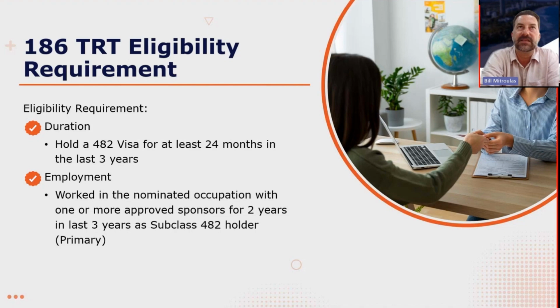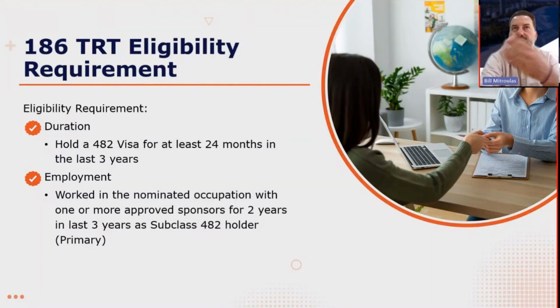So typically speaking, for short-term visa holders, we're allowed to apply for TRT a couple of days before the 482 visa expires, so a couple of days before the 2 years, and that's been confirmed by the policy department as well. For example, if someone's 482 visa in the short-term stream is expiring on Friday this week, we'd prepare and lodge both the nomination and the visa either Wednesday or Thursday.